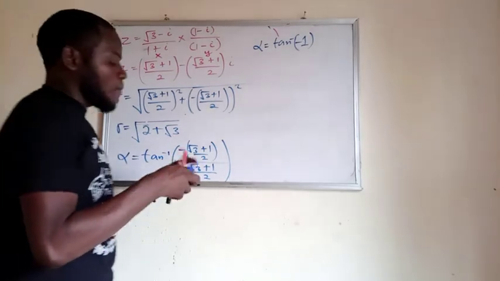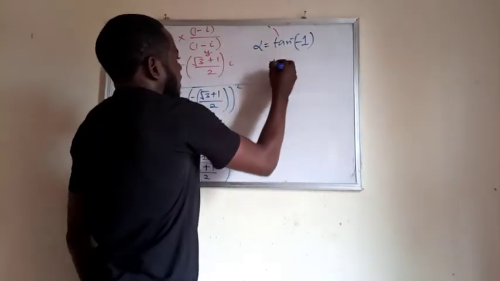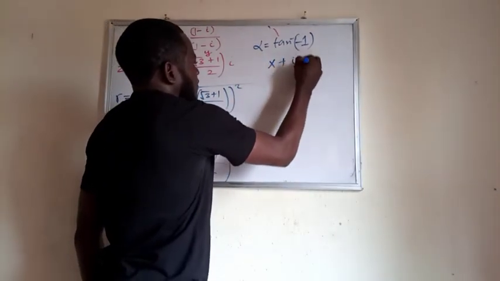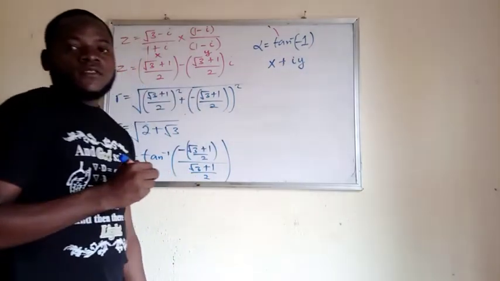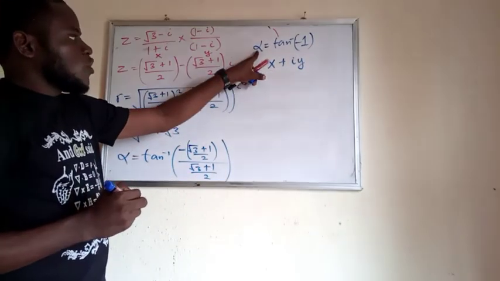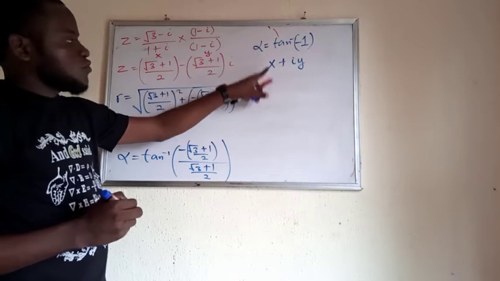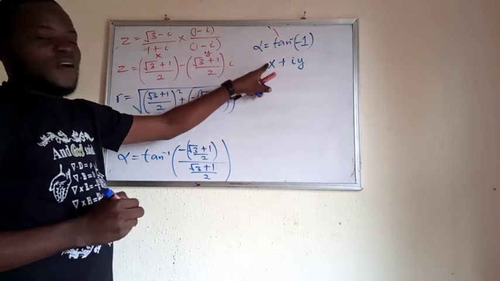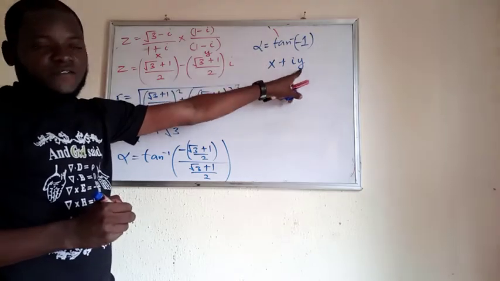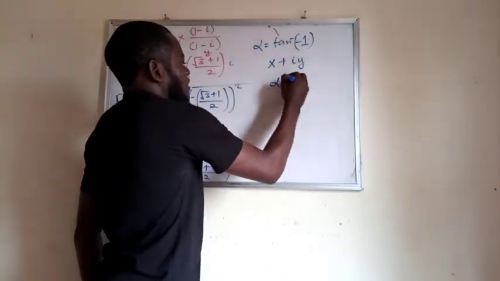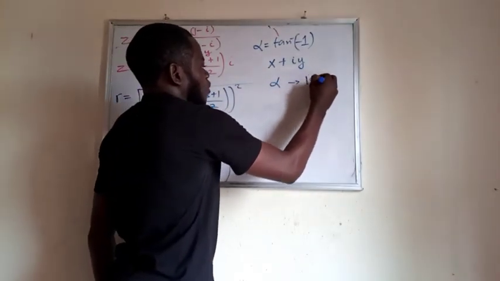If I have a complex number x plus iy, and I want to know the quadrant that my alpha falls into, if x is positive and y is also positive, then alpha is said to be in the first quadrant.